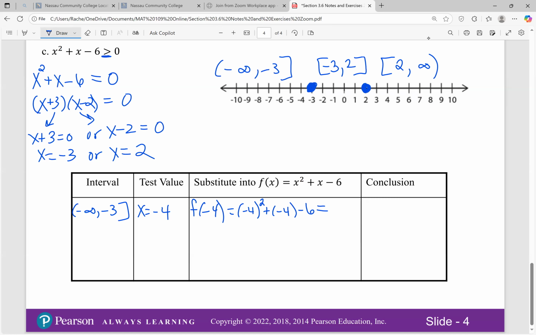Negative 4 squared is 16. 16 minus 4 is 12. And then 12 minus 6 is 6. So we're getting a positive value. My conclusion is that f of x is positive, or greater than 0, for all values of x in this interval from negative infinity to negative 3.